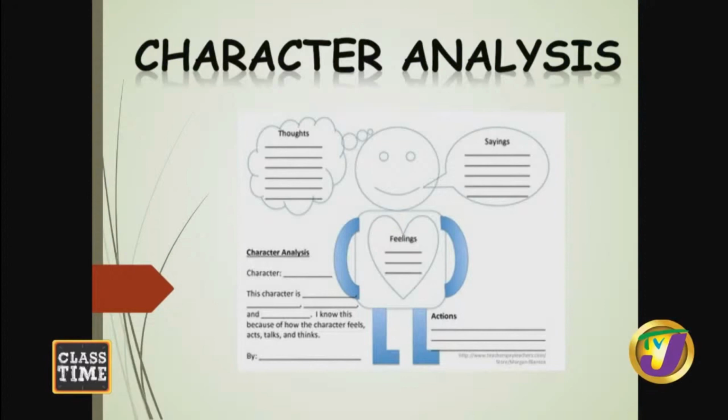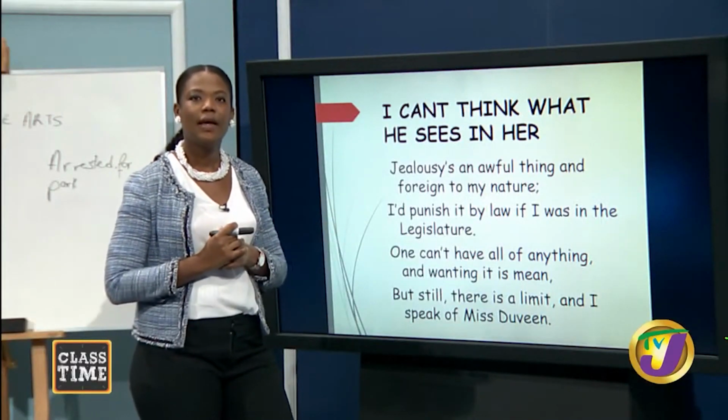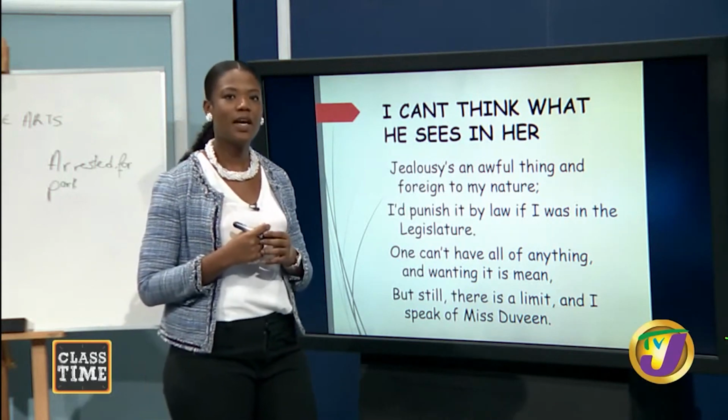But you want to observe some critical areas: the movements of the characters or the dancers, the costumes that are used, and whether or not the character is old, young, or middle-aged, and that would come out in the physical aspect of the character.